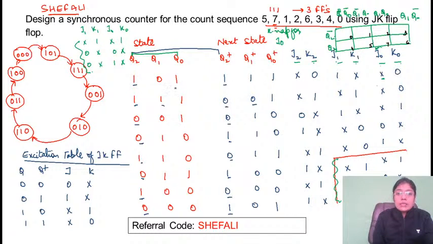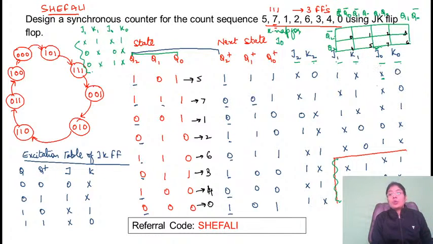Now this is nothing but 5, this is 7, this is 1, this is 2, 6, 3, 4 and 0. So corresponding to 5, what bit are you getting? Corresponding to 5 we are getting don't care.